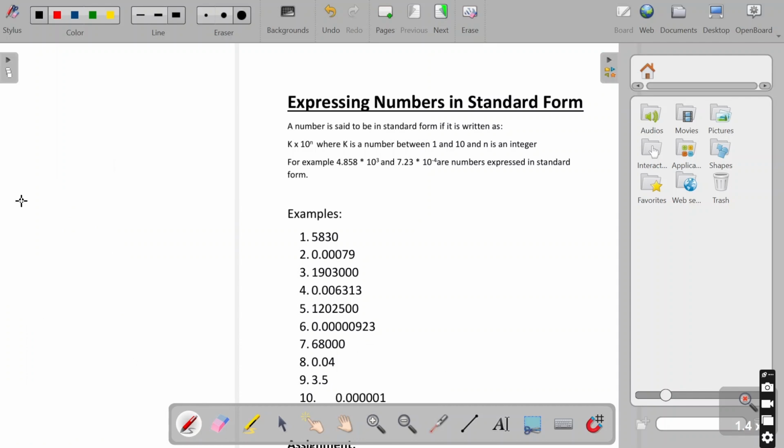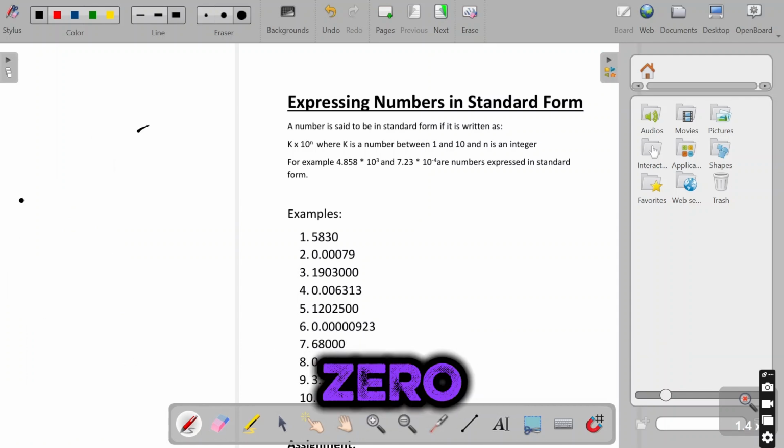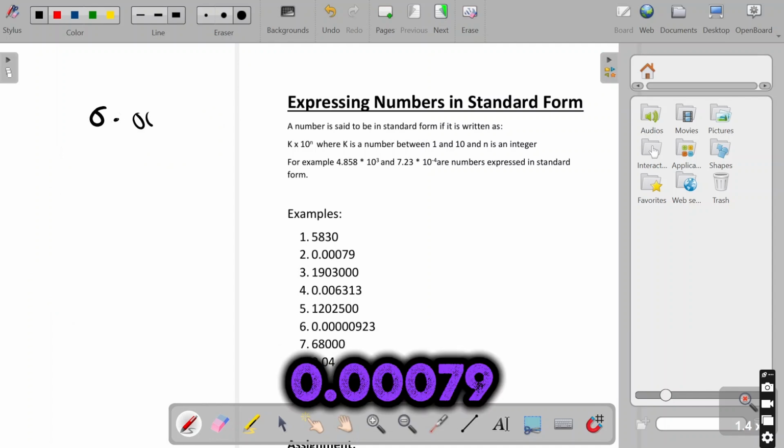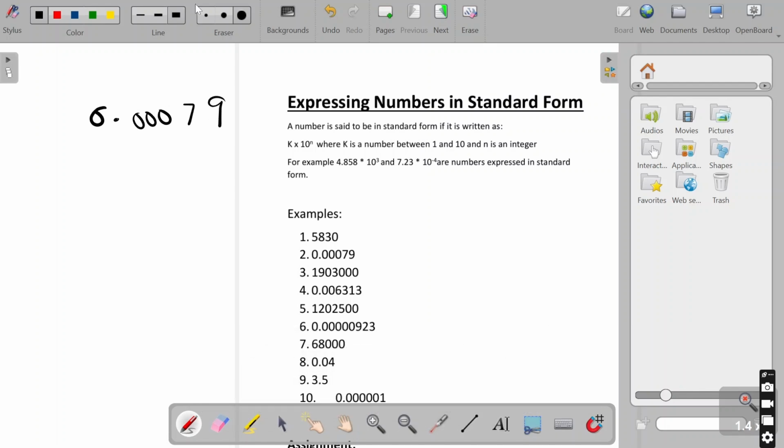In like manner, we have 0.0079. How do we express this number in standard form?